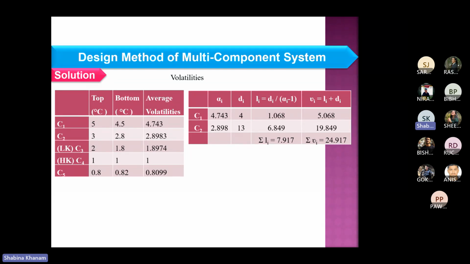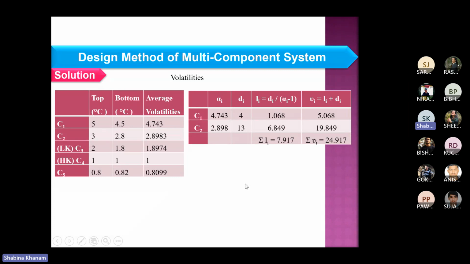You can consider arithmetic also, but because the difference is not much, we can use the geometric mean. Once I have this average volatility for each component, you can identify that C1 and C2 would be light non-keys and C5 would be the heavy non-key.